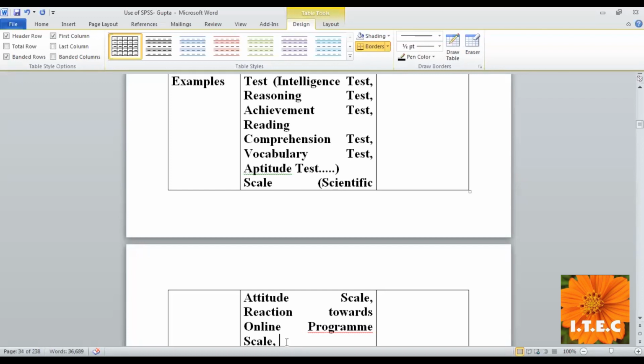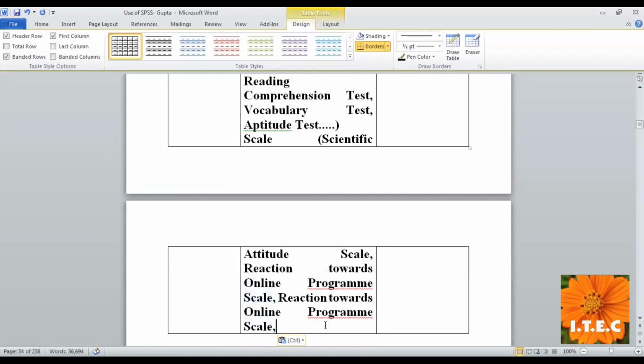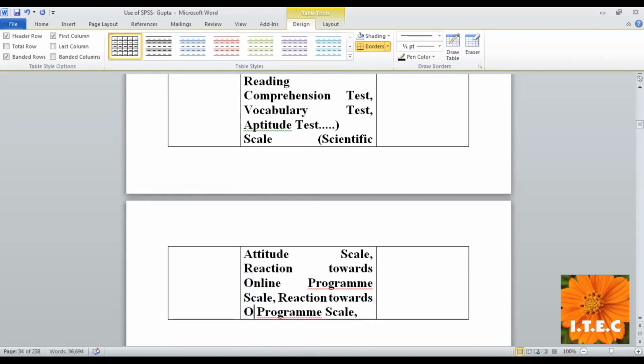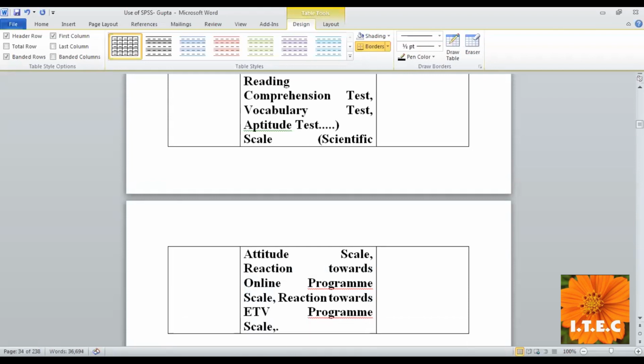So if you want, you can say reaction towards ETV program scale. So like this, you can have many scales. Absolutely no problem.